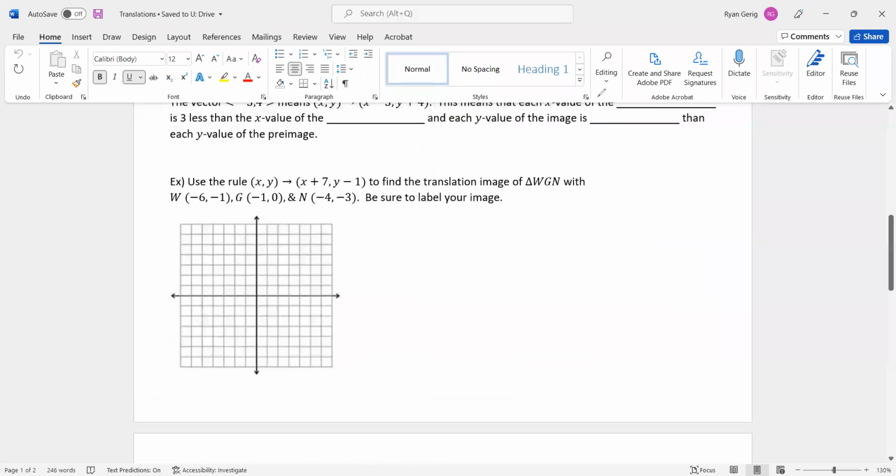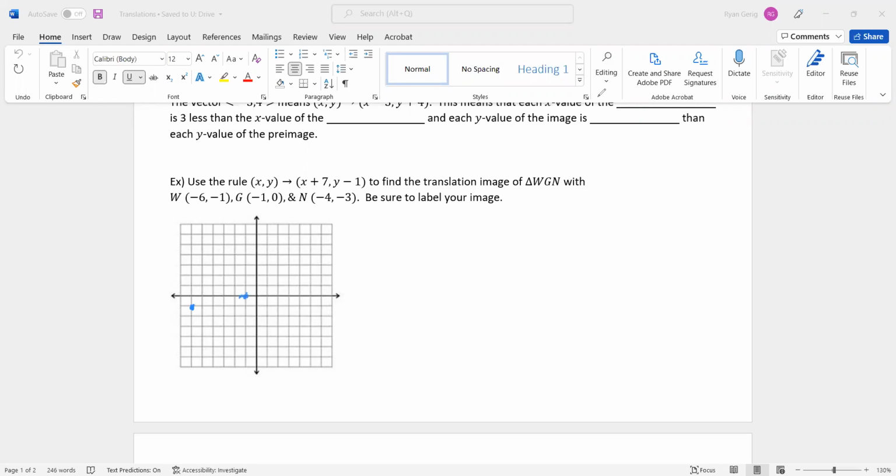So use the rule that's given here. Each point maps 7 to the right, right? That's what x plus 7 means, 7 to the right and 1 down. So I'm going to stick with the same thing I did with the last lesson. Blue is my pre-image. So I'm going to plot those points, W at -6, -1. And then G at -1, 0.